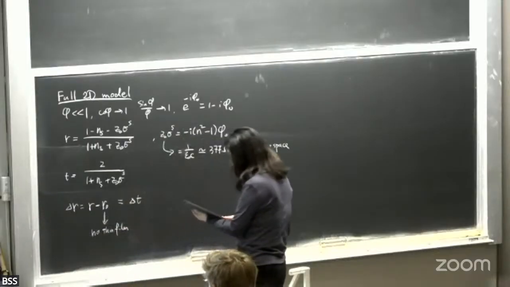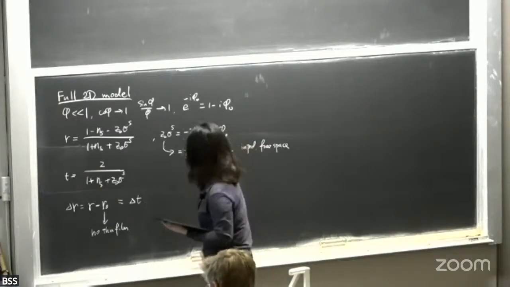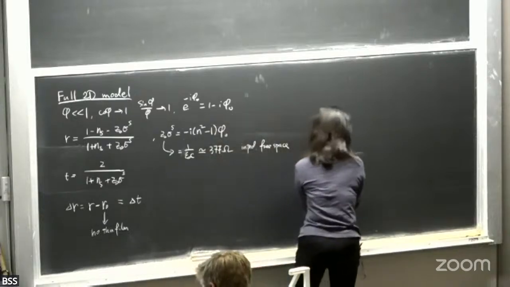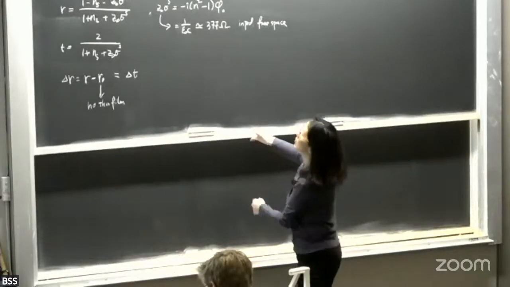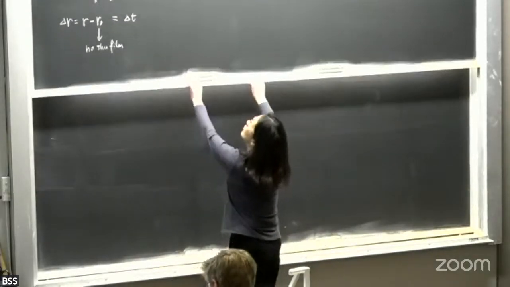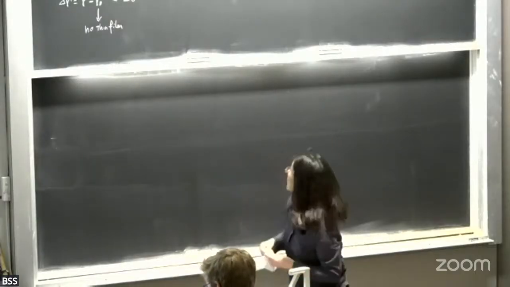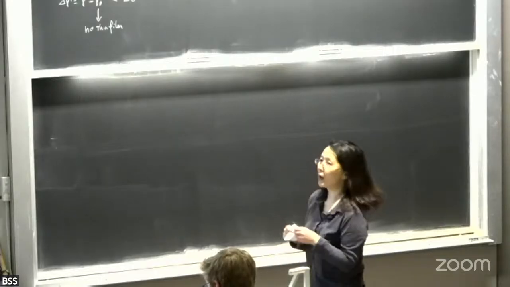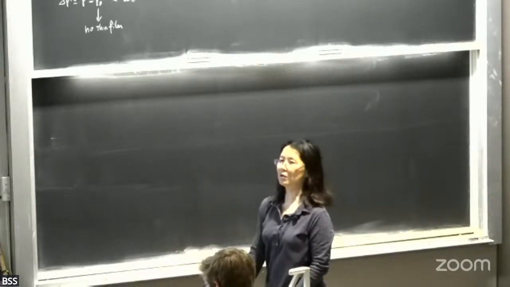And we can do more approximations. So if now Z0 and the sheet conductivity are also small, then we can linearize this, right?